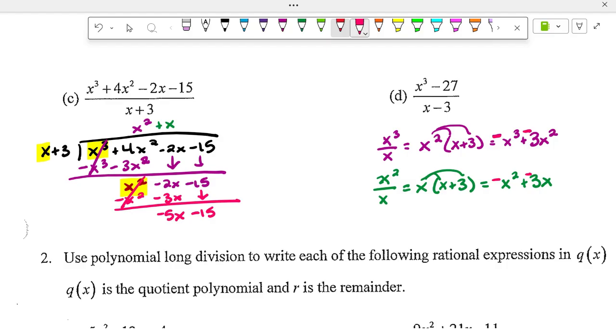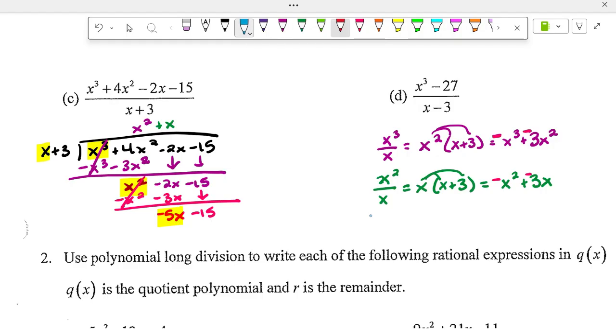So I'm repeating the process. So what do we always do first when we repeat the process? Divide what? So this part is what we're dividing into now. So what part of that are we dividing into? The negative 5x. And we're dividing it by x.